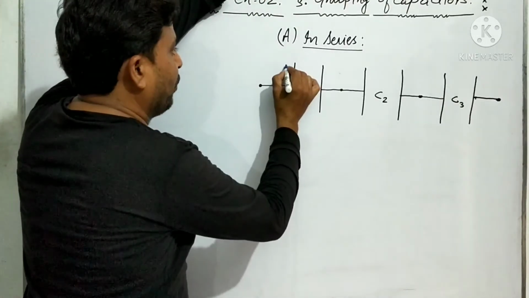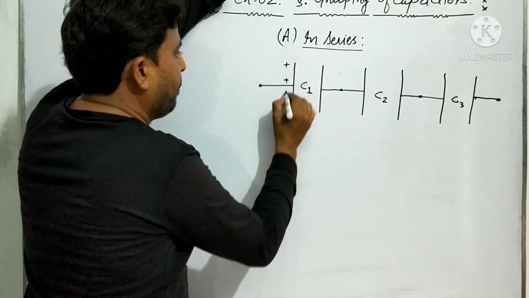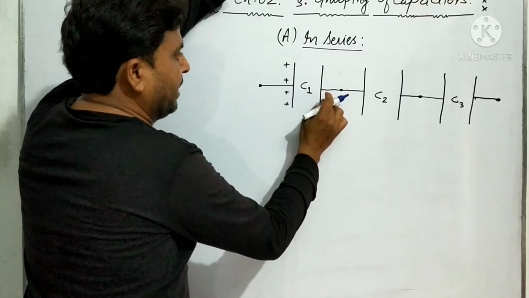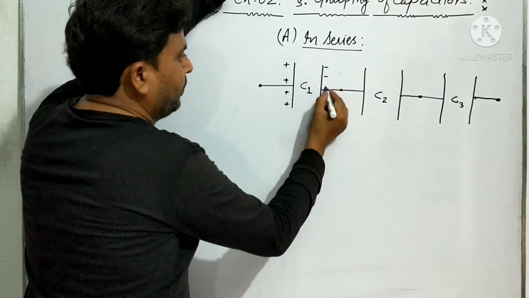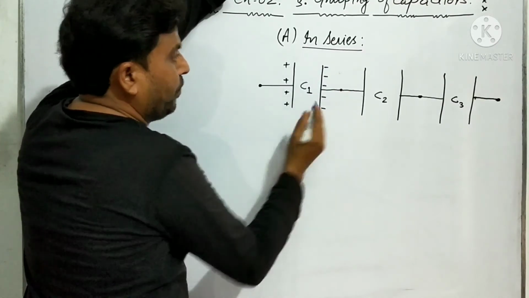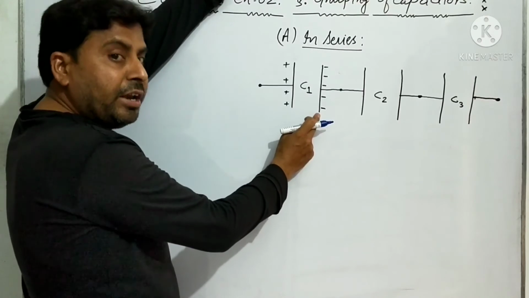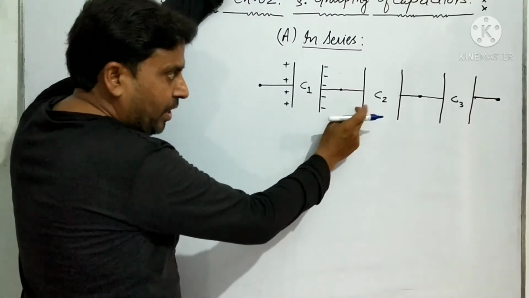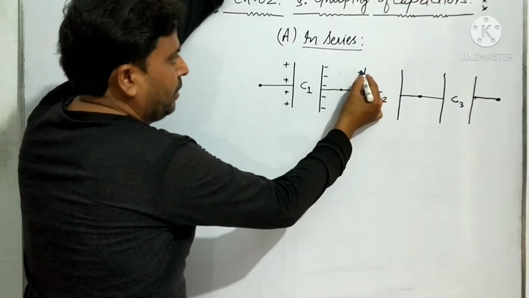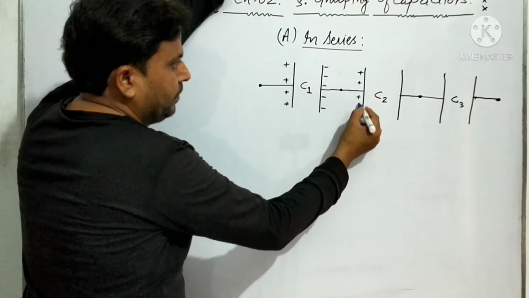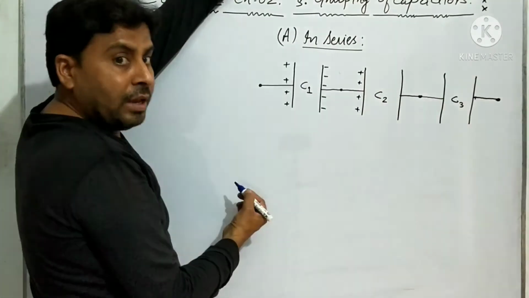First plate positive, second plate negative, and the second plate of first capacitor connect with the first plate of second capacitor, means positive. Clear?